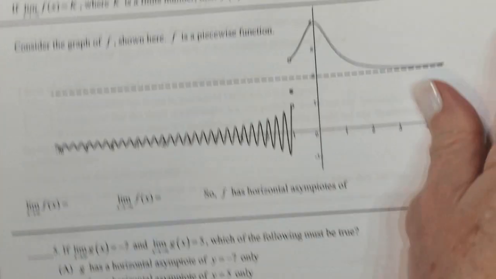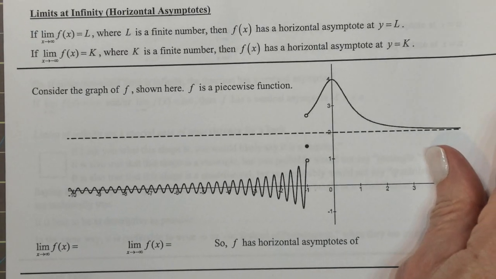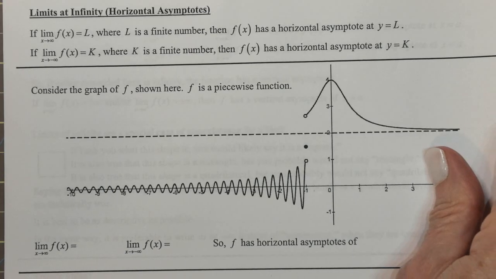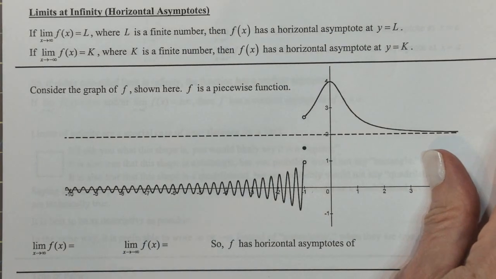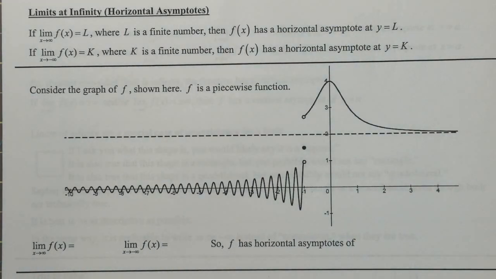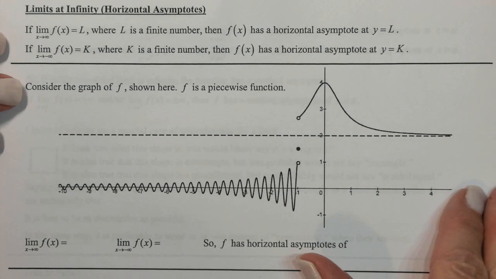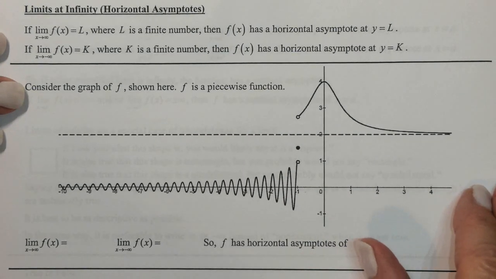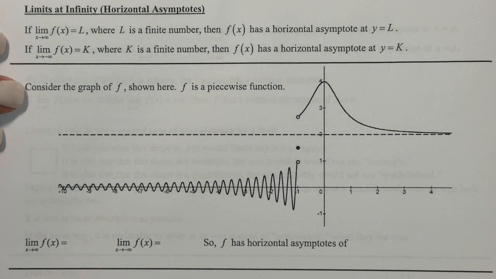Alrighty. Let's talk about limits at infinity. These are limits as x approaches infinity, and we have been doing this for quite a while. This is where we started way back early, in Unit 1 or 2. Alrighty.